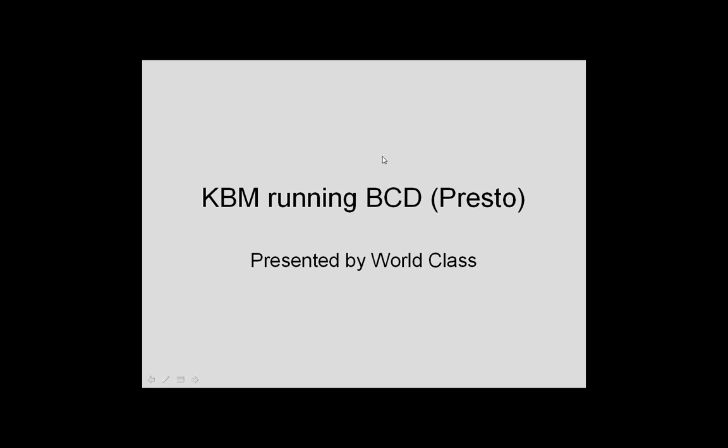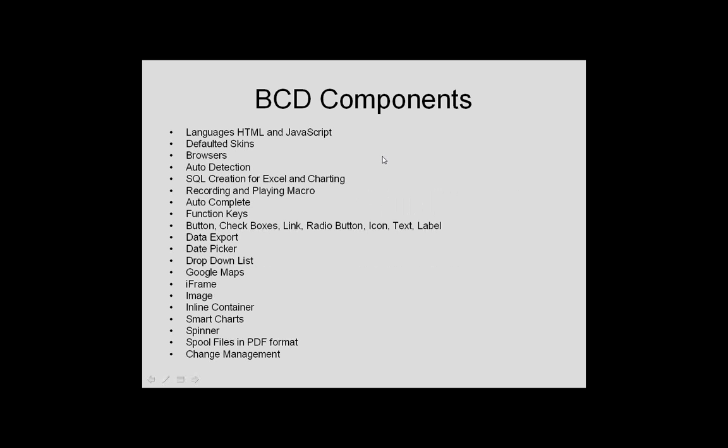So BCD is a product that takes KBM into a very visual product. KBM for years has been a very strong ERP system in that the foundation was very, very strong. It was geared towards Apex, just strong fundamental policies throughout, and I think that's why a lot of companies have stayed with it, because the backbone of it is very strong.